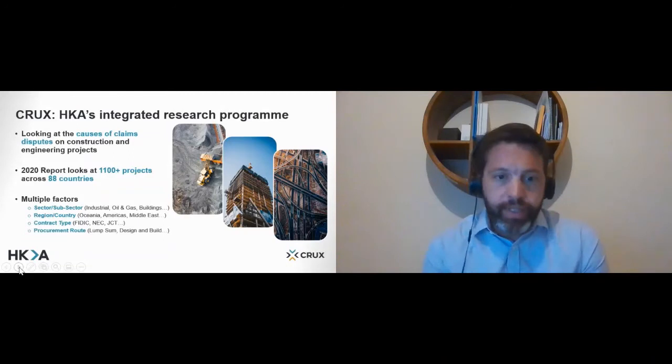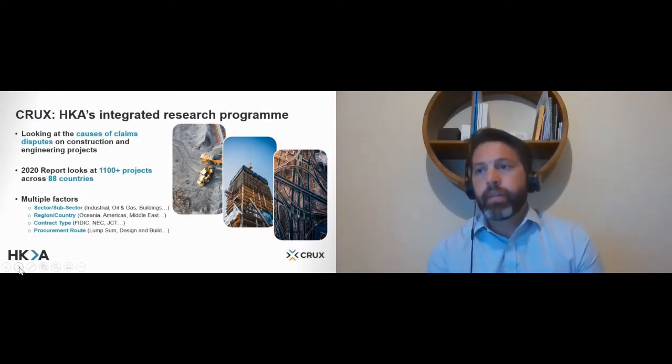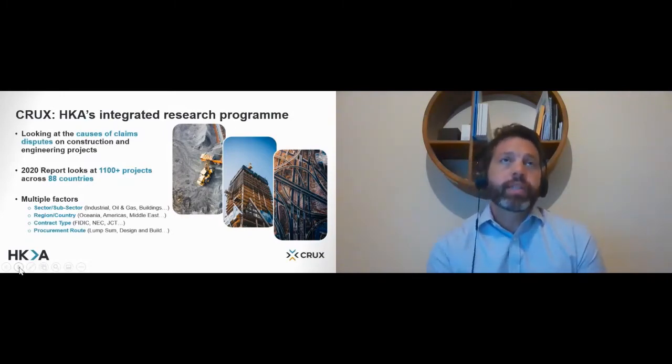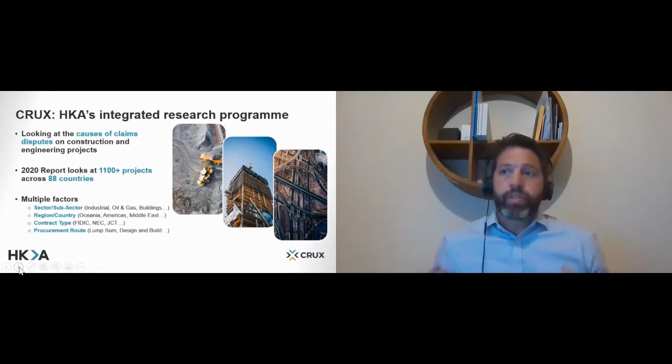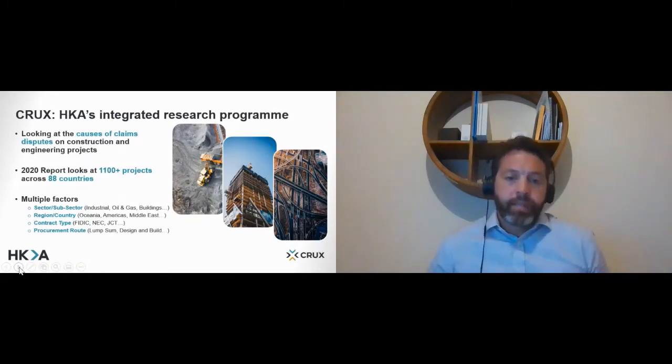There's lots of different contract types in the data as well. I put up here a couple of typical ones like FIDIC, NEC, JCT, but there's lots of other standard forms of contract that are part of the data. And the procurement route varies as well. So it's not just lump sum jobs, it might be design and build, construction only, these kinds of things.